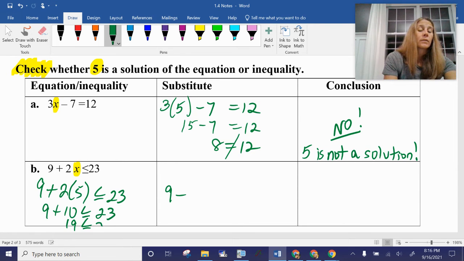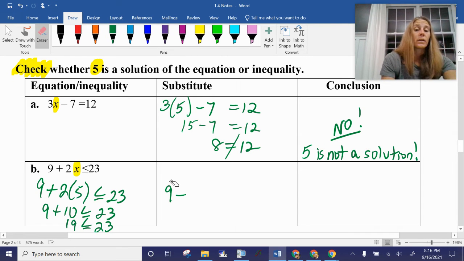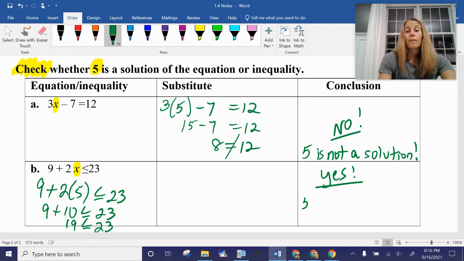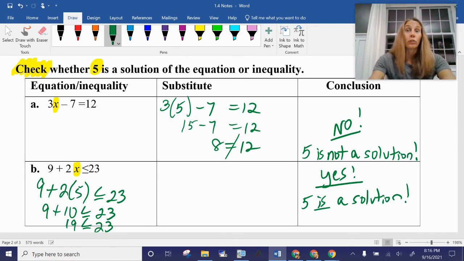So I end up with the statement 19 is less than or equal to 23, which of course is true. So that would be yes, 5 is a solution to this particular inequality.